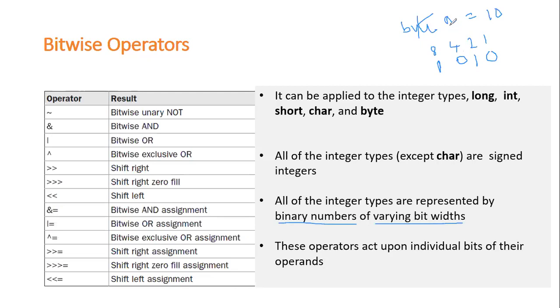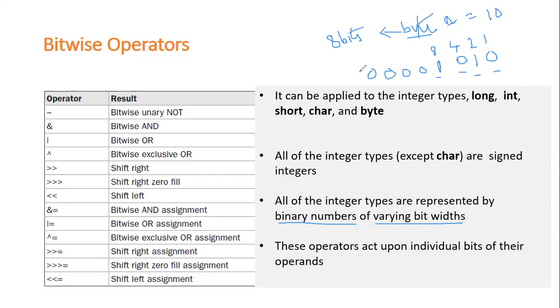Now here you see that a is of type byte. As you know, byte is going to occupy 8 bits. Is that right? So here how many bits are there? 1, 2, 3, 4, 5, 6, 7, 8.